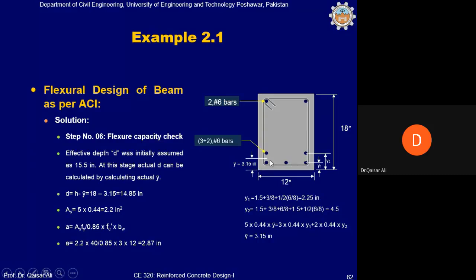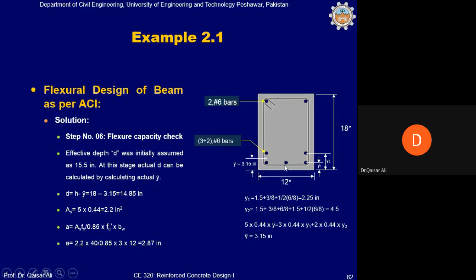We have now this reinforcement, 3 plus 2 bars. So just like the previous explanation of calculating y bar, the same calculation of y bar is repeated.